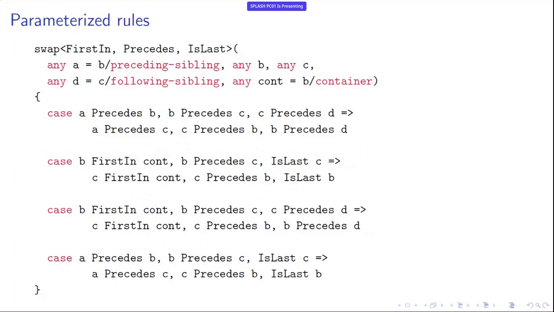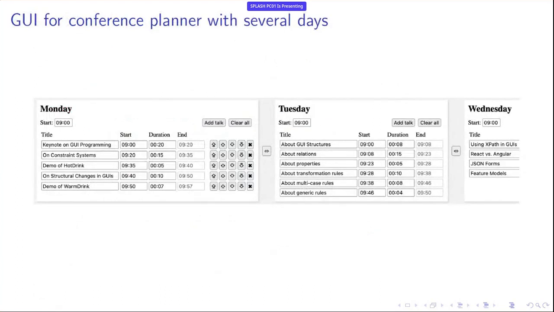So for this situation, we have these parameterized rules, which are parameterized over the relations. And since we do not know the types of these relations, we just use the any type for the arguments.